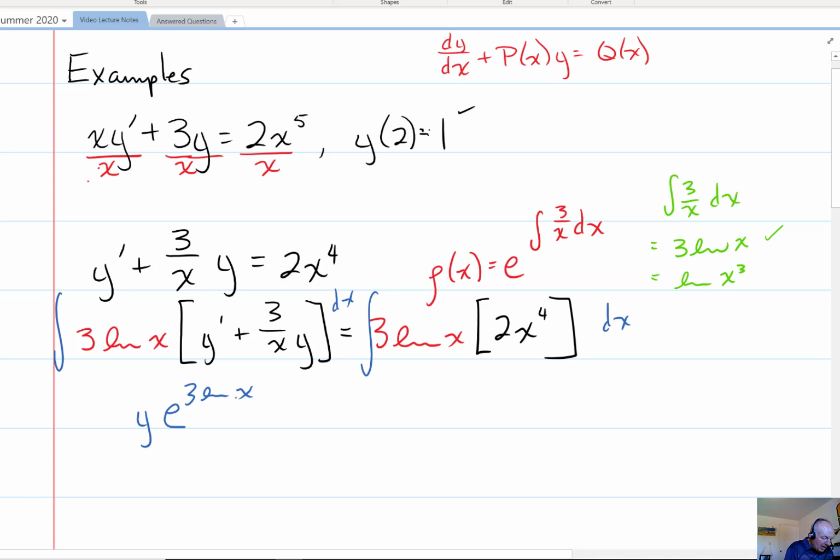And here's where I think we would prefer to have ln of x cubed, because then y e to the ln of x cubed is the same as just y x cubed. Because e raised to the ln x cubed is just x cubed, because e and natural log are inverses.